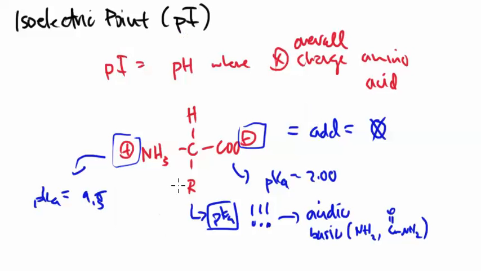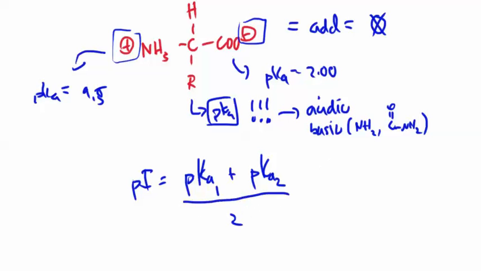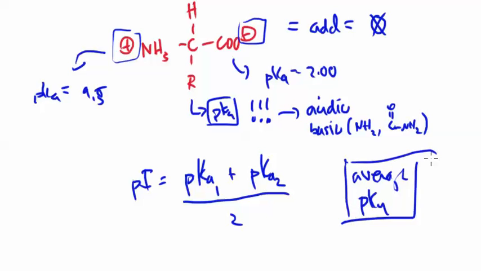Okay, to calculate it, you basically take 2 PI is equal to pKa1 plus pKa2, and then you take the average. So you're going to take those two numbers and divide by 2. You're going to really simply average the pKa values. That is what we're after.